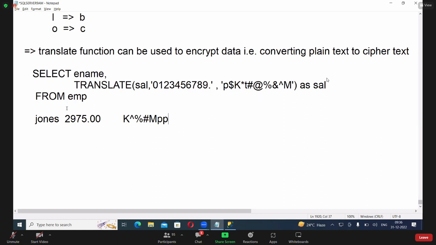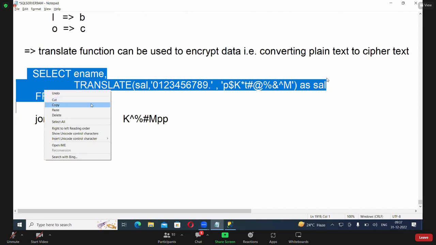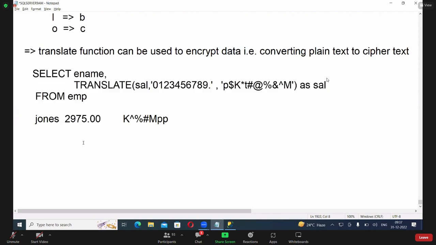So the actual salary is this, but SQL Server displays it like this. If someone sees this, they don't understand what the salary is. Understood? So let me run it. So this is an example of encryption.